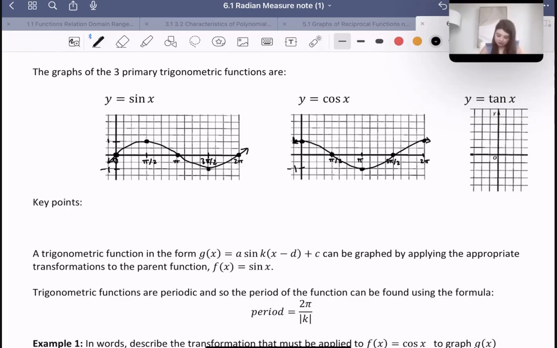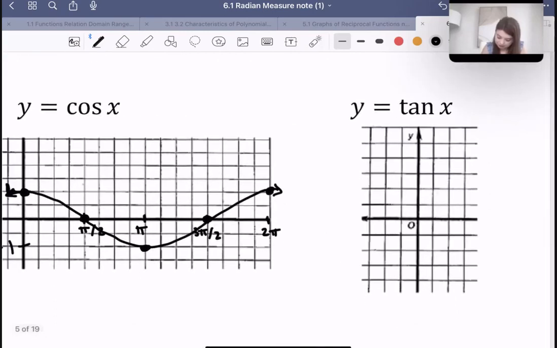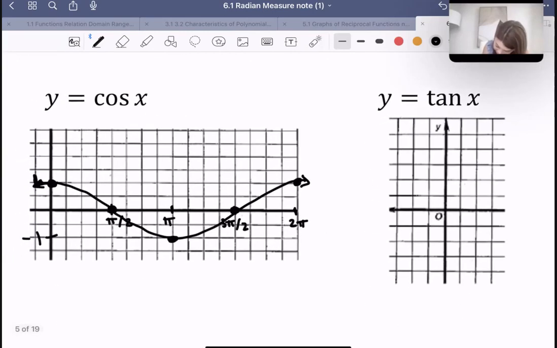So first of all, this is going to have some asymptotes here. Let's say this is pi over 2, and this is negative pi over 2. Next one. There we go. And then we're going to have this looking like that.